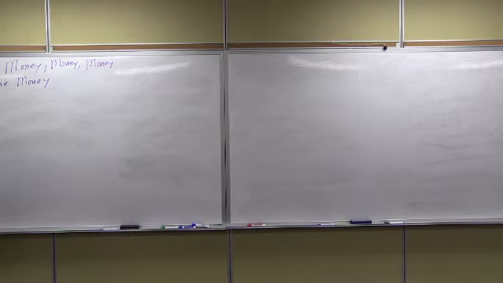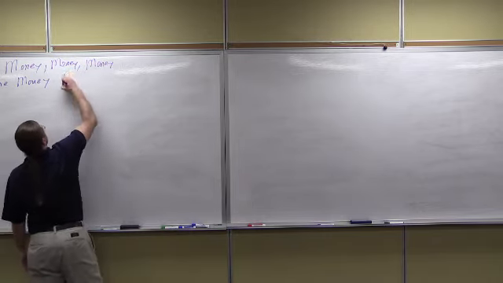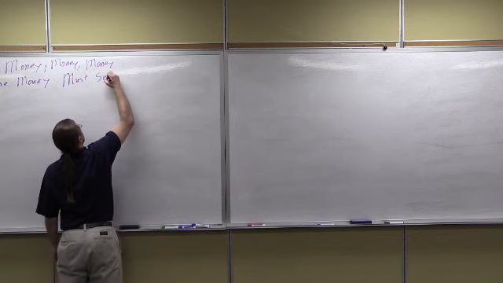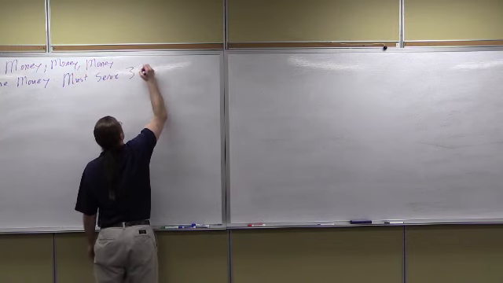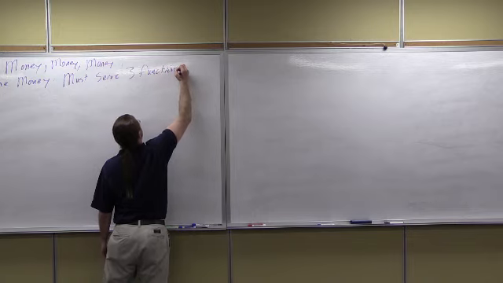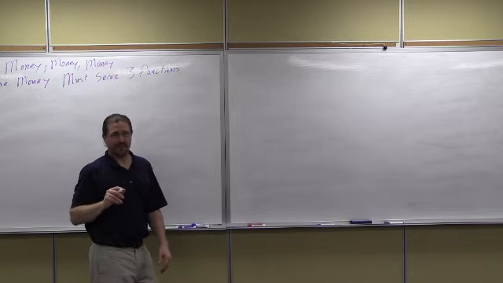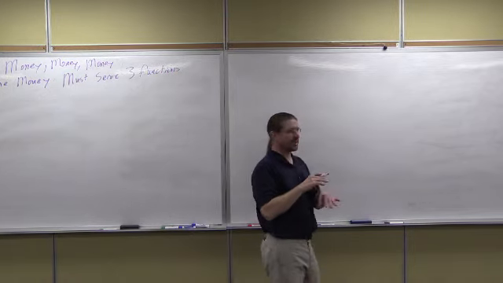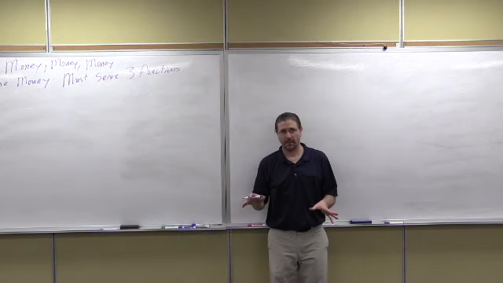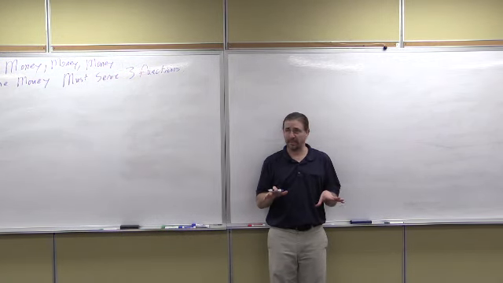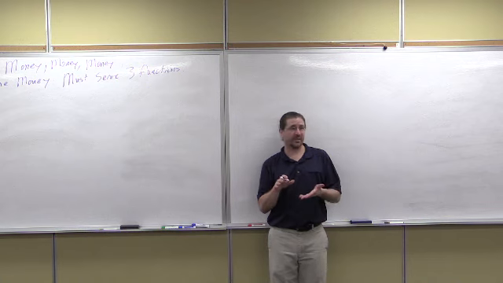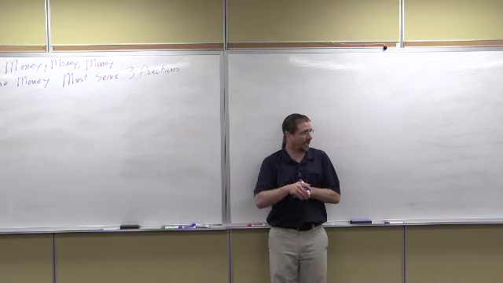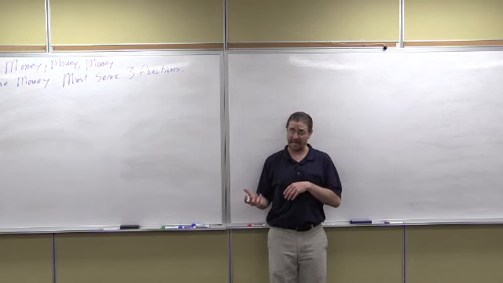Well, in order for something to be money, it's got to do 3 things. If it doesn't do these 3 things, folks, it's not money, it's something else. Okay? So one of the things that you have to be able to do is discern between stuff that you might think is money and stuff that turns out is not really money.